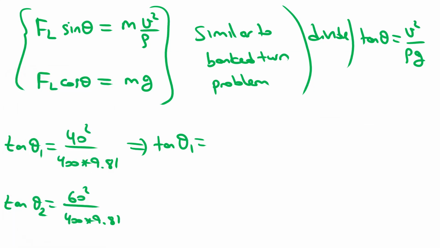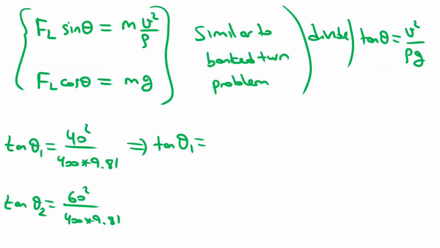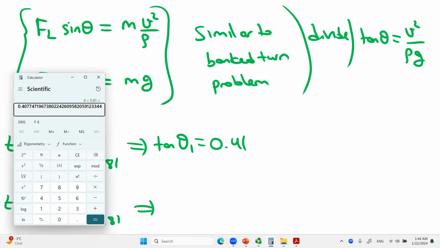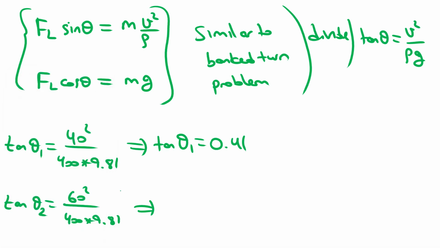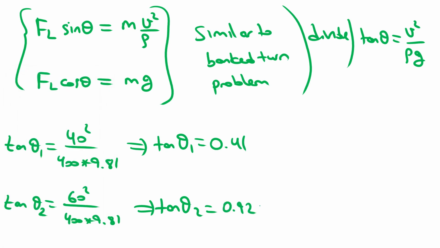The first one, 1600 divided by 400, and then divided by 9.81, gives us 0.41. And for the second one, 3600 divided by 400 times 9.81, tan theta 2 will be equal to 0.92.